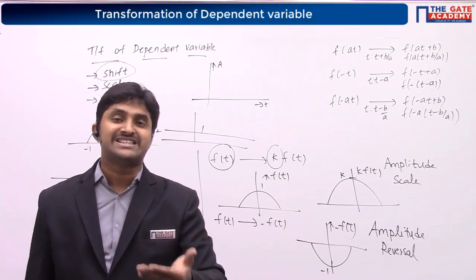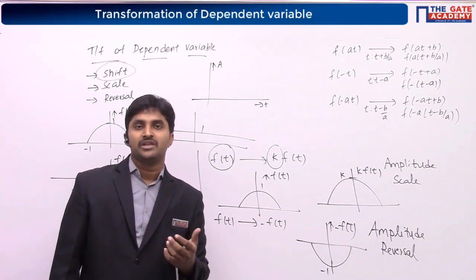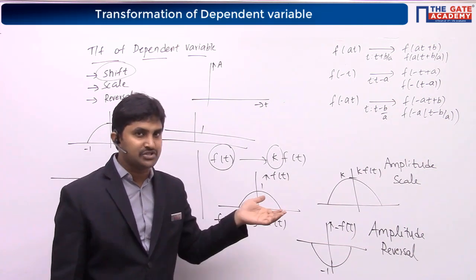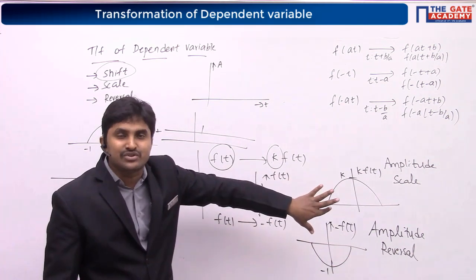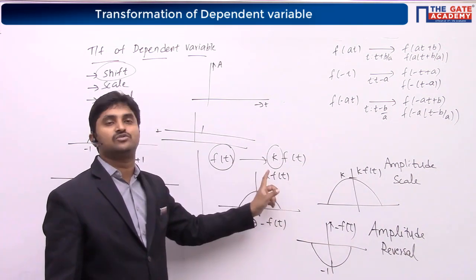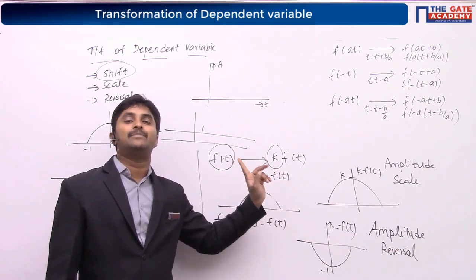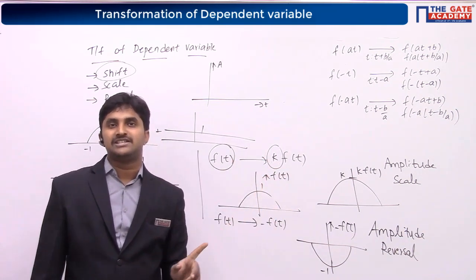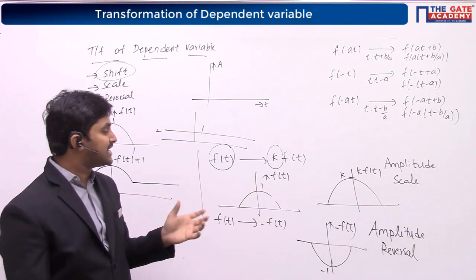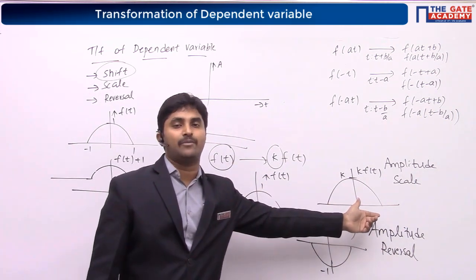If the value of k is less than 1, then we call it an attenuation operation, because it reduces the strength of the signal. Both ways, this is what we call an amplitude scaling operation. It means that whatever information you are having, you are multiplying it with k.